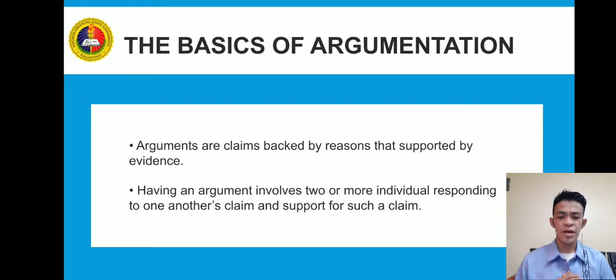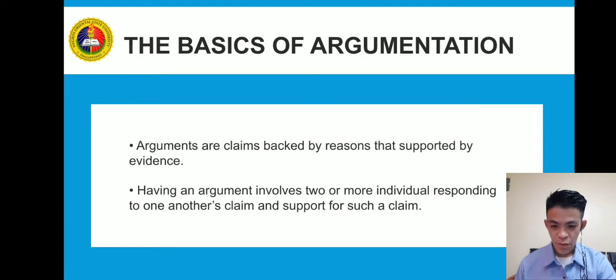Having an argument involves two or more individuals responding to one another's claims and support for such a claim. So as an individual, we have different claims, and we have reasons that support our claim.